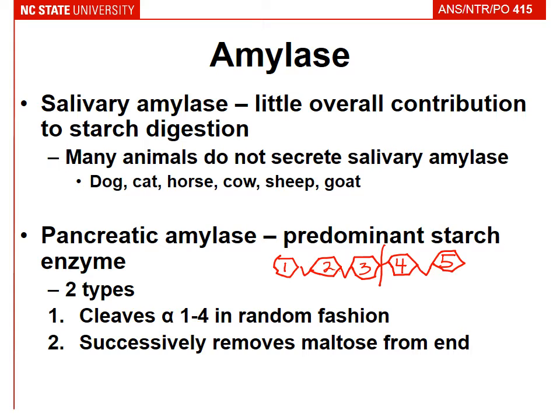Oops, I forgot the V. So we have our amylase will actually go in here, and if this is 1, 2, 3, 4, 5, it cleaves in between the third and the fourth glucose unit. So that's where our pancreatic amylase is breaking.